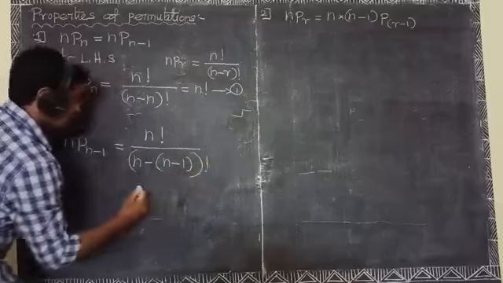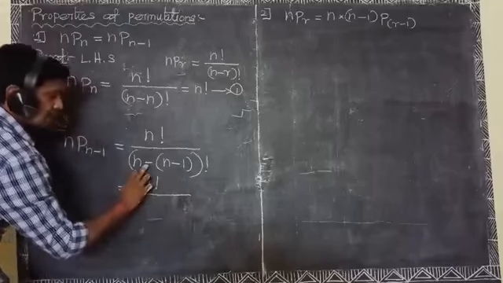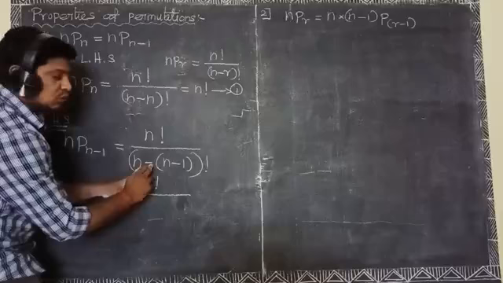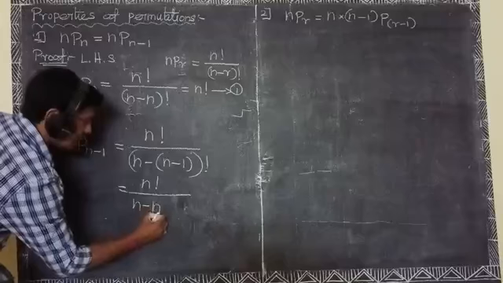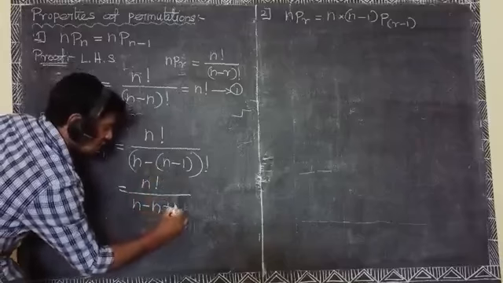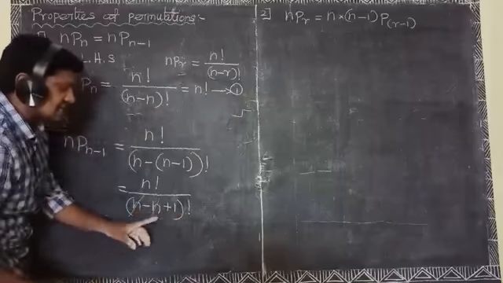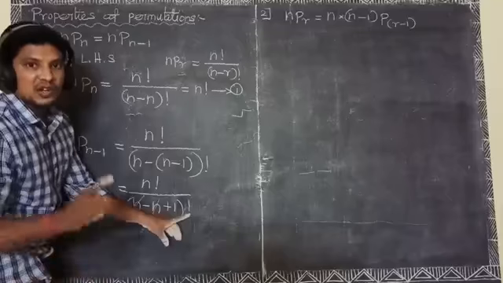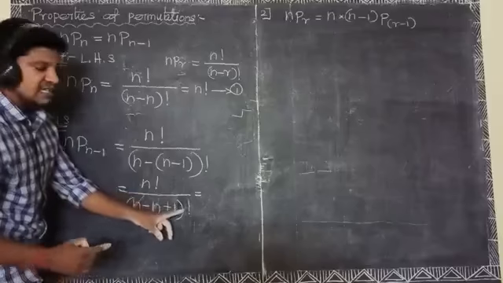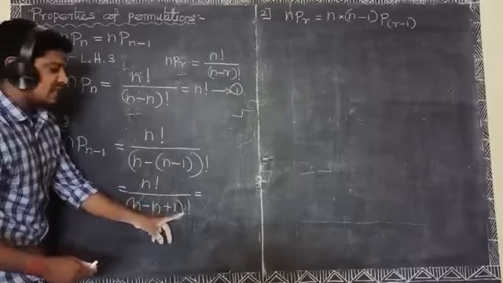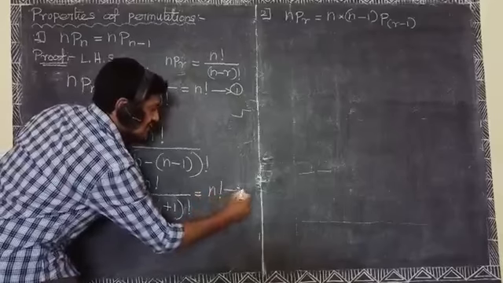The numerator is n factorial, then the denominator is n minus (n minus 1), which is n minus n plus 1 factorial. Plus n minus n cancel, only 1 factorial. 1 factorial is 1, so the result is n factorial divided by 1, which is n factorial. This is equation number 2.